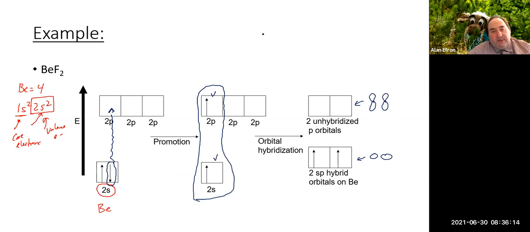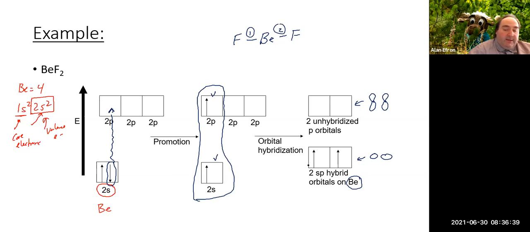So if we drew the Lewis structure for this guy here, what do those hybrid orbitals mean and what's happening? Well, what's happening is this hybrid orbital here, and again, this is beryllium. This guy has one electron, which let's call this bond number 1 and bond number 2 happening here.